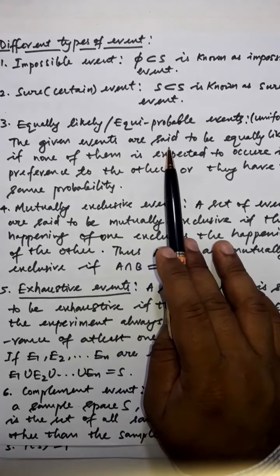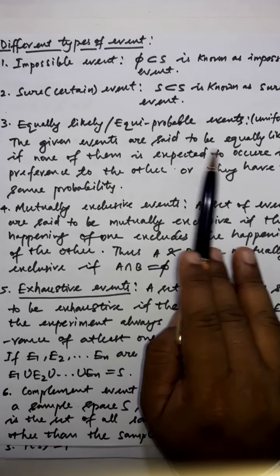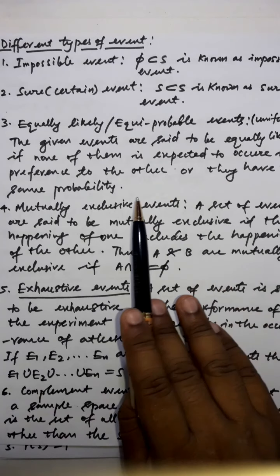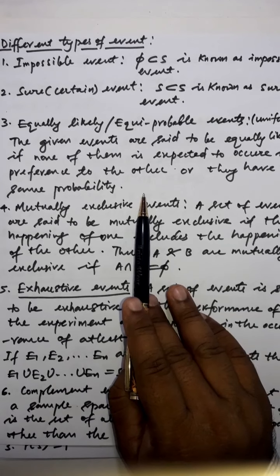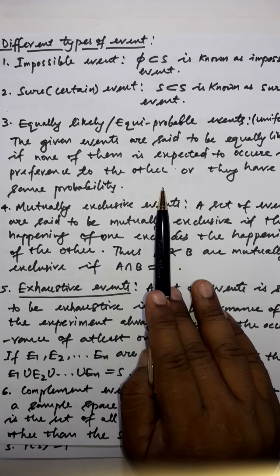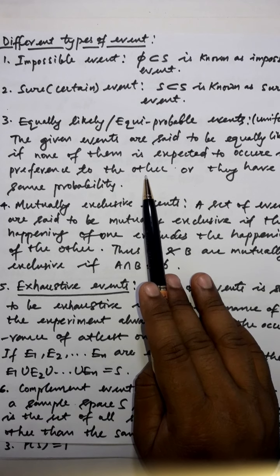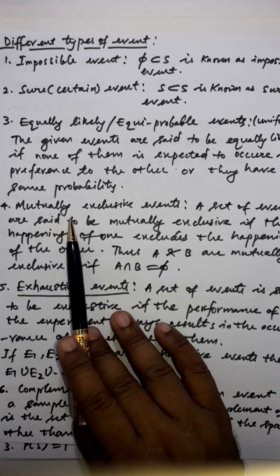The given events are said to be equally likely if none of them is expected to occur in preference to the other. That means they have the same probability. If you have a few events under the same sample space and they have the same probability, then they are called equally likely events.